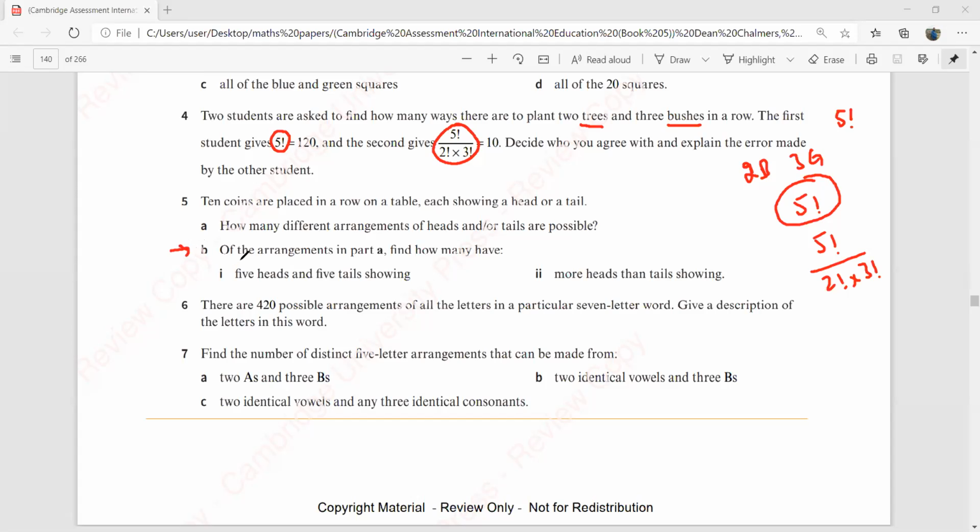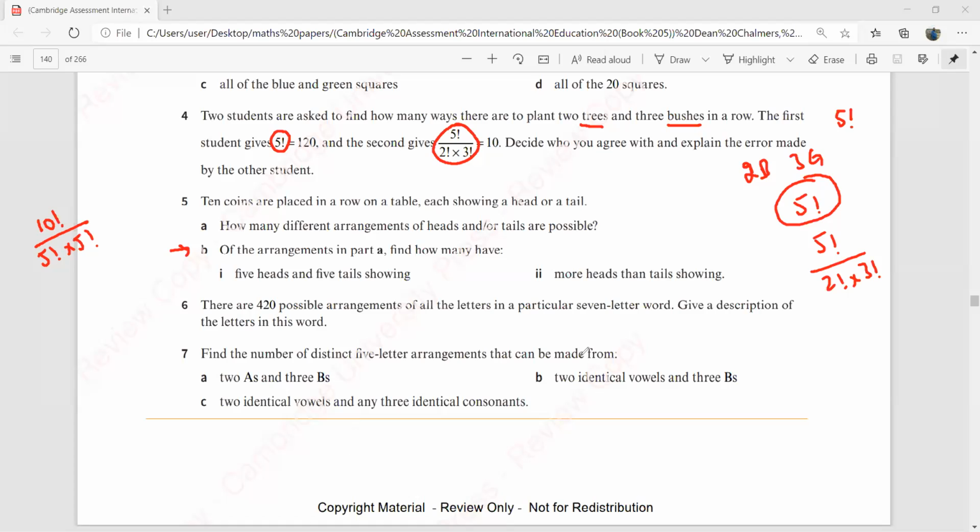Of the arrangements in part A, find how many have 5 heads and 5 tails. That would be 10 factorial over 5 factorial into 5 factorial. There are 10 coins, 5 heads, 5 tails, so shouldn't this be 10 factorial over 5 factorial into 5 factorial?